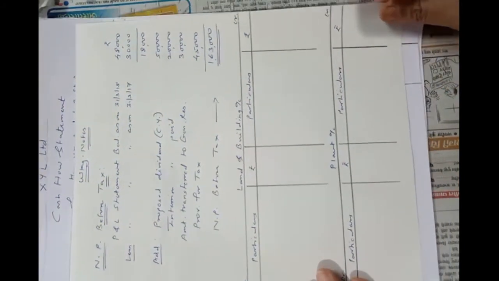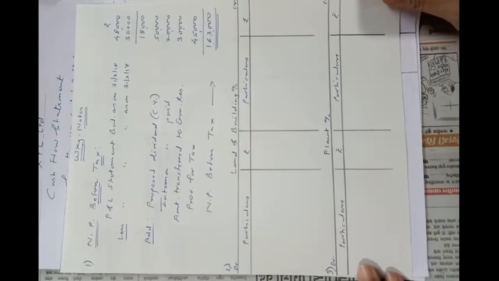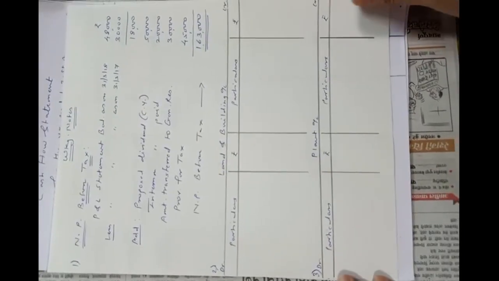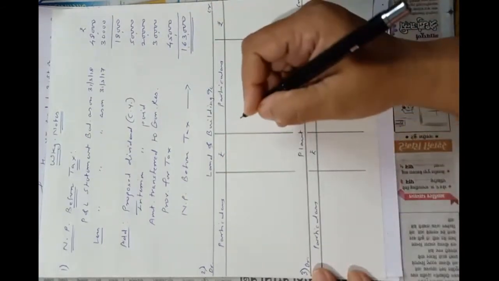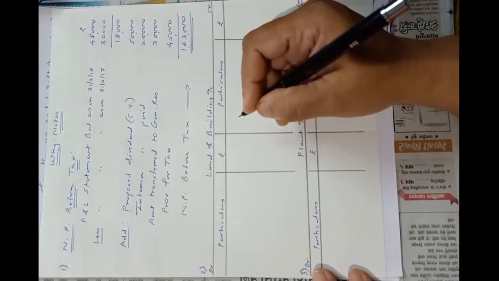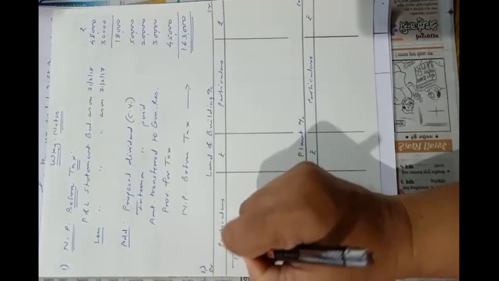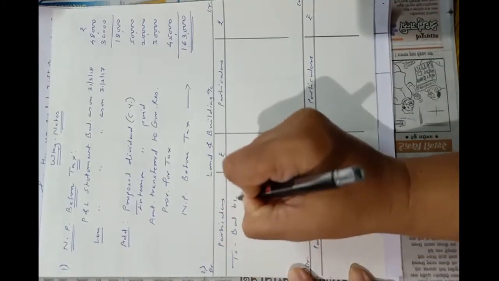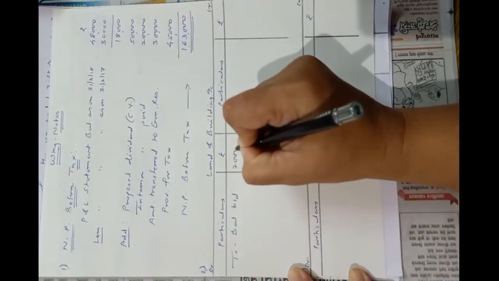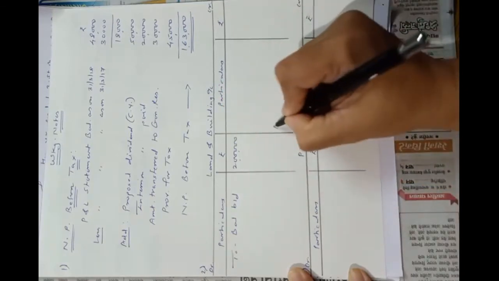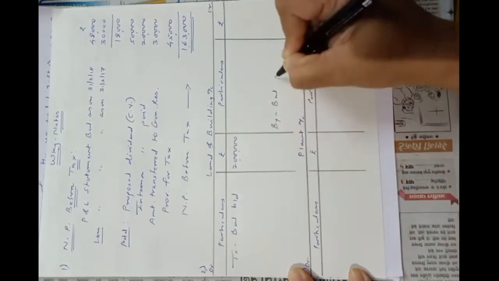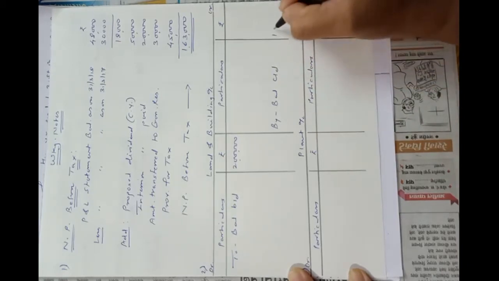Okay, now we will prepare land and building account and plant account. So, land and building account. See, the balances are given in the problem. Opening balance 2 lakhs, closing balance 1,70,000 of land and building. So to balance brought down 2 lakhs and by balance carried down, which is closing balance, 1,70,000.